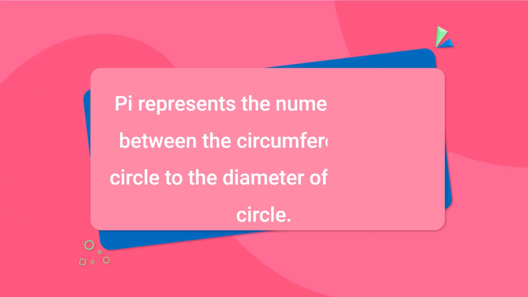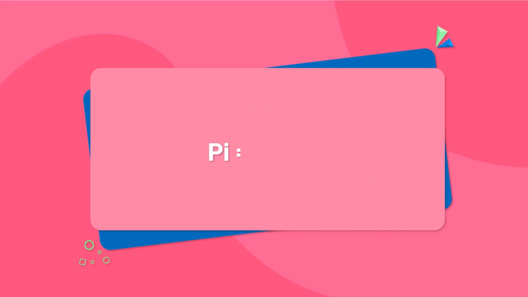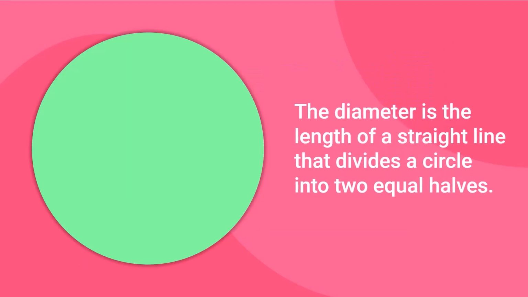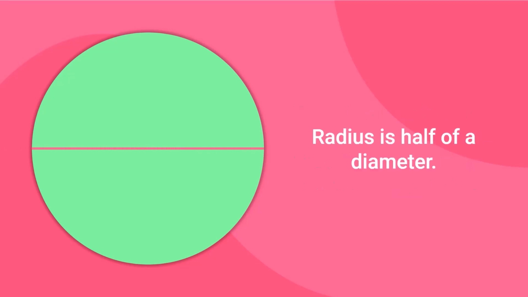Well, pi represents the numerical ratio between the circumference of a circle to the diameter of the same circle. The value of pi is 3.14. The diameter is the length of a straight line that divides a circle into 2 equal halves, and a radius is half of a diameter.